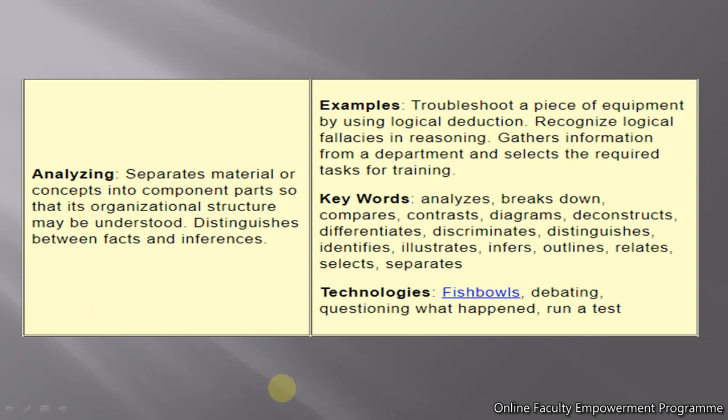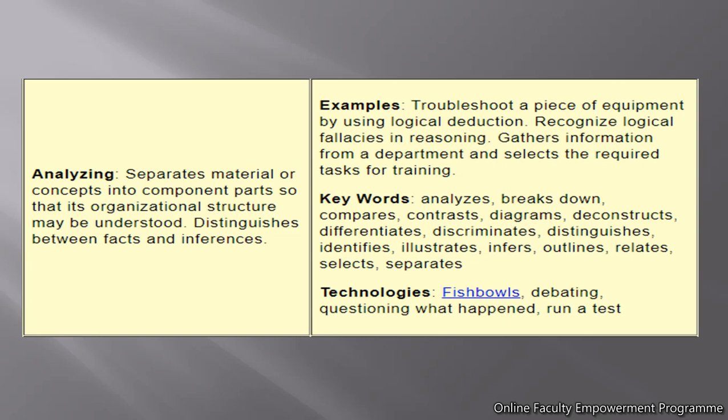Analyzing. In the fishbowl technique, you will encourage all the students to summarize or to ask doubts. They will write on a piece of paper and put all those slips together in one bowl.